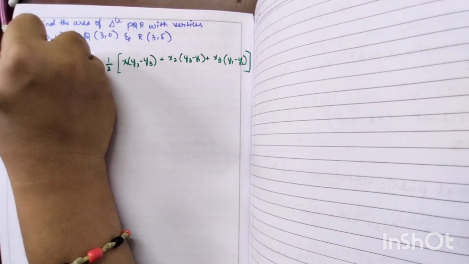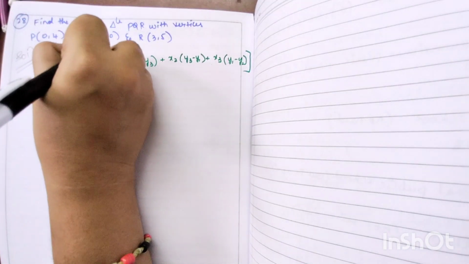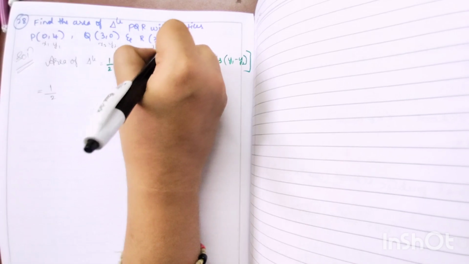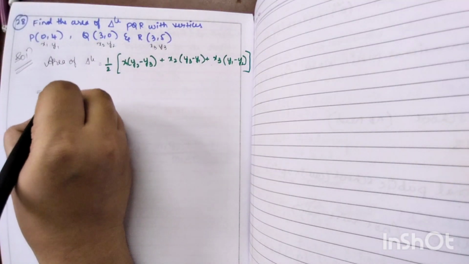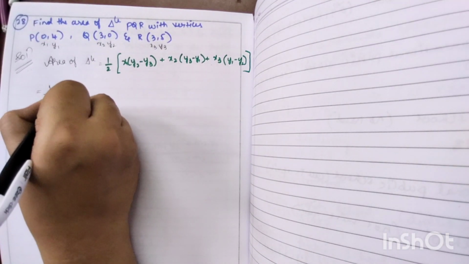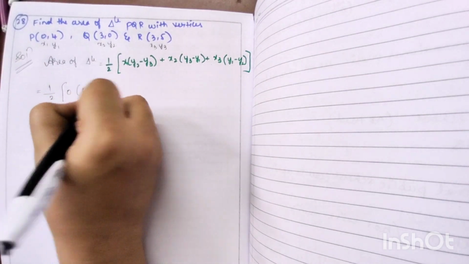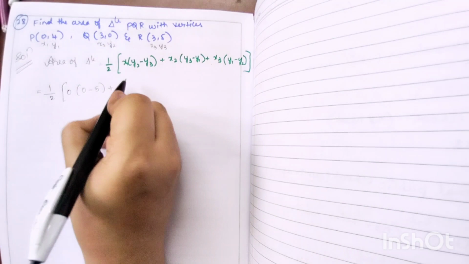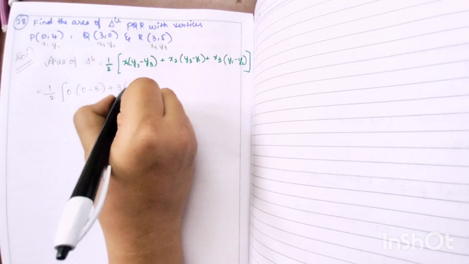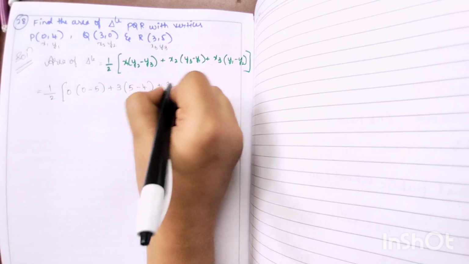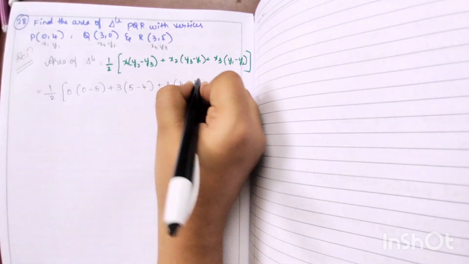This is nothing but x1 y1 x2 y2 x3 and y3. So by substituting it, we'll get x1 is 0, then 0 minus 5 plus 3 into minus 5 by minus 4 plus 3 into 4 minus 0.